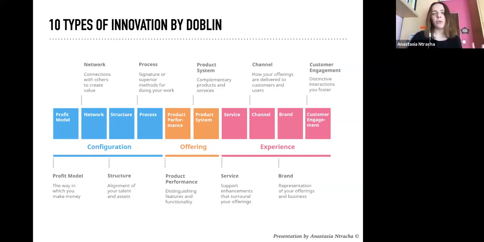It can be innovative in the processes it uses, in the networks and channels it leverages, in the product itself and its performance, but can also be innovative in how it uses its brand to have an impact. I invite you to look further into these 10 types of innovation, because it really gives more insight on what we consider innovative.